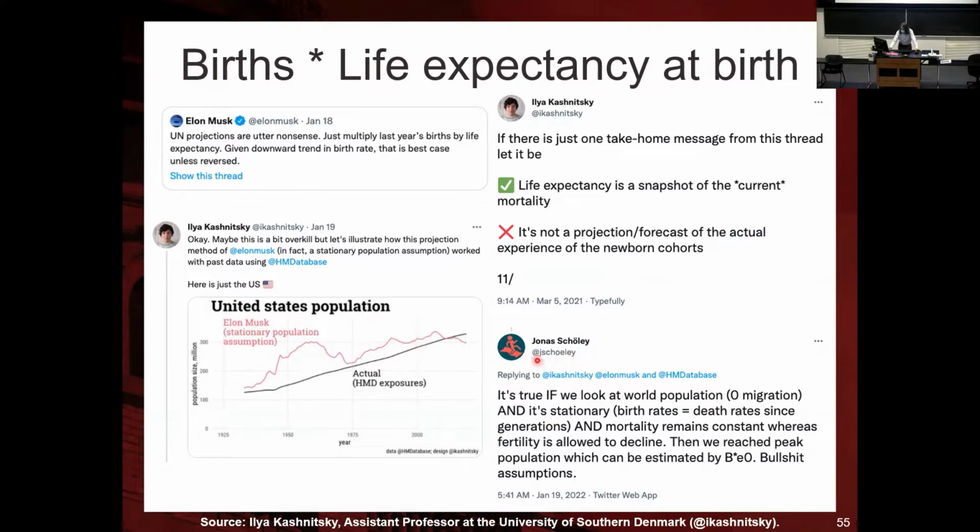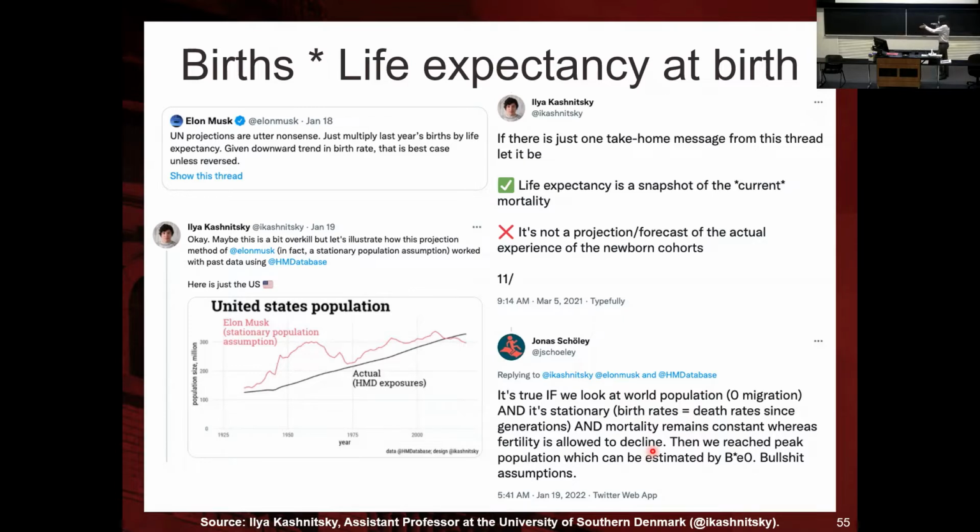And this researcher from the Max Planck Institute in Rostock, Germany, Jonas Schöley, says it's true if we look at the world population, with no migration, and it's stationary. In other words, birth rates and death rates have been equal for several generations, and mortality remains constant, whereas fertility is allowed to decline.